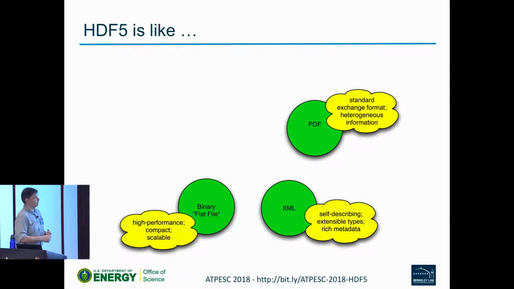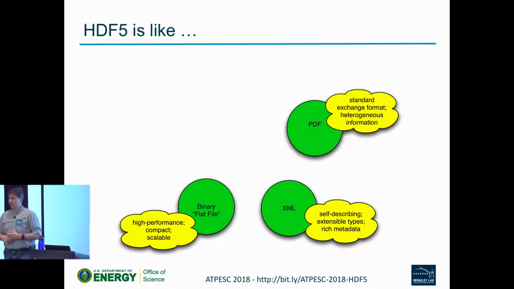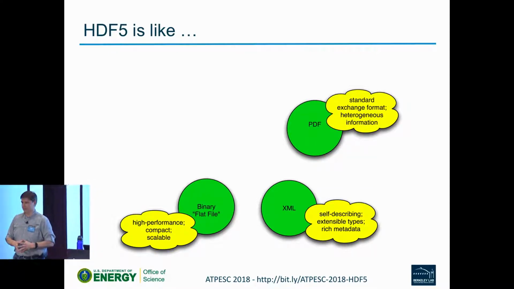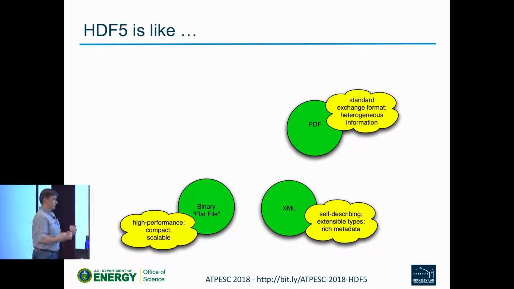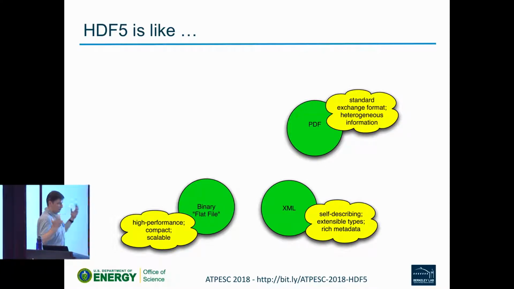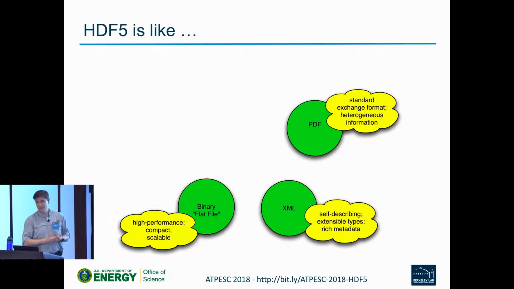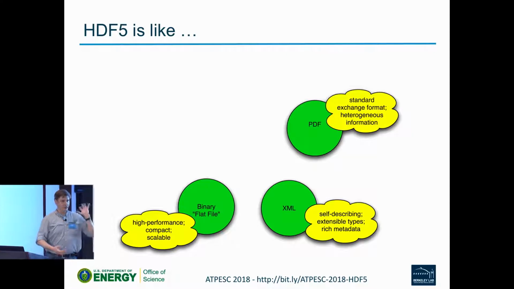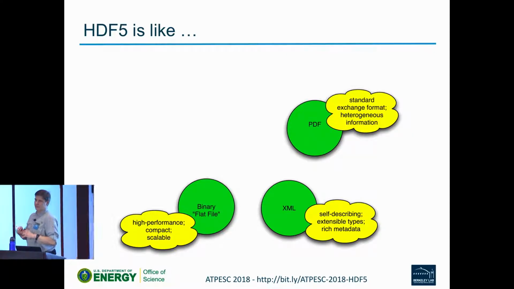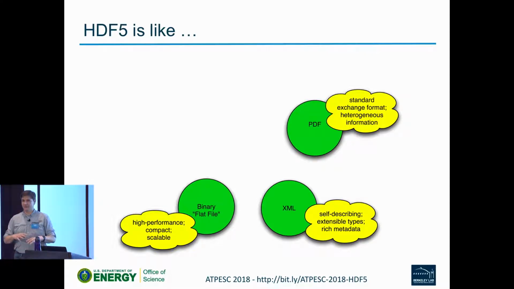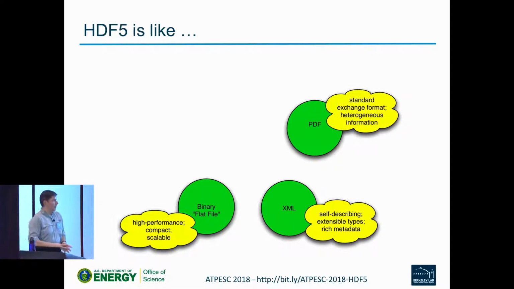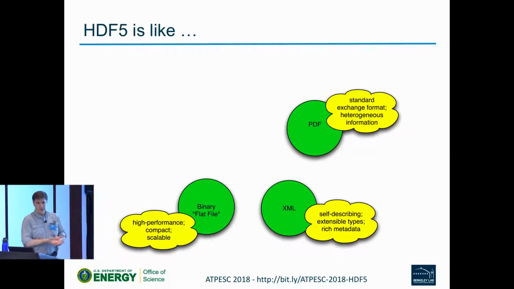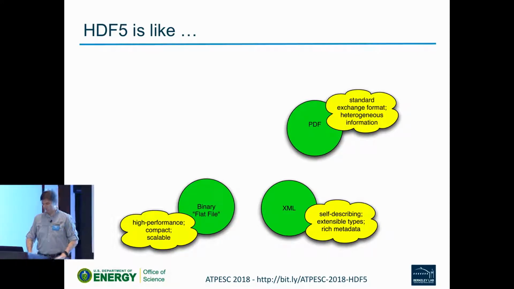In some ways, we do occasionally call HDF5 the PDF for science, right? It's a standard exchange format. All the information that you'd like can be bundled into there, images and arrays and annotations and a hierarchical structure and text and, heaven help us, MP3s, all kinds of people have done crazy things, right? So you can put everything you want into this container and portably send it around to other people.